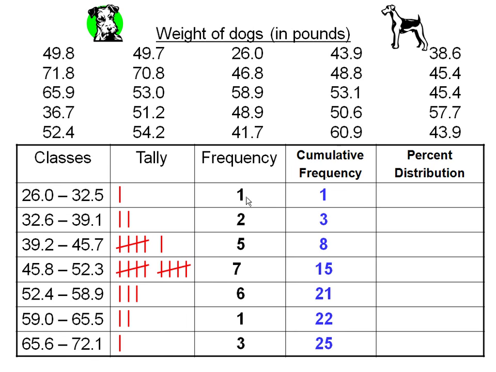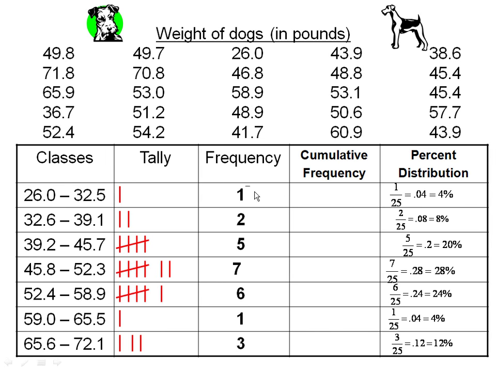So we take 1 divided by 25, 2 divided by 25, 5 divided by 25, 7 divided by 25, and so on, right? Okay, so are there any questions on this?